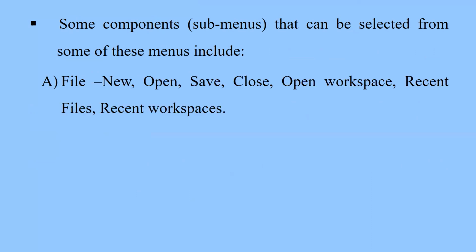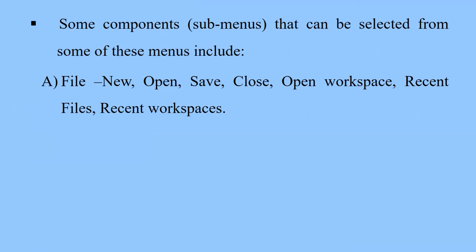Some components or submenus that can be selected from some of these menus, and especially in Visual Studio 6.0 for C++, include, under File, we have New, Open, Save, Close, Open Workspace, Recent Files, and Recent Workspaces.